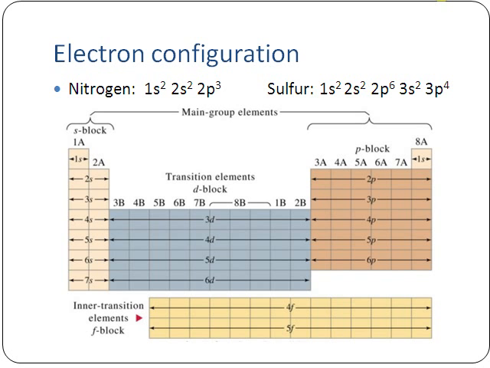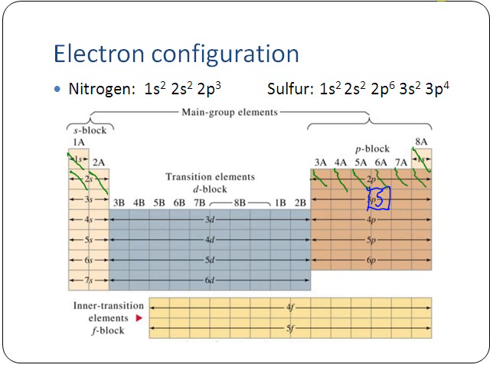So sulfur. Sulfur is going to be located right here. So there's our sulfur right there. Let's work out what that's going to be. It has electrons in the 1s. 1s is filled. 2s is filled. 2p, 3, 4, 5, 6.